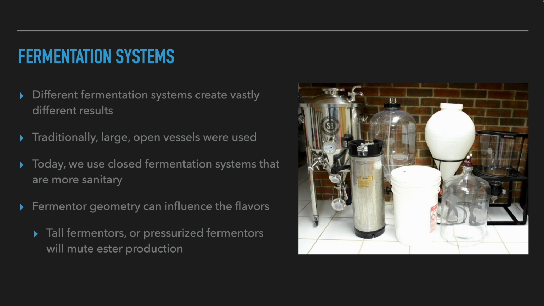Therefore, in beers where we want to have esters, such as German wheat beers and English barley wine, we will use fermenters with as little pressure as possible, meaning shallow, wide open pools. Conversely, if we want beers without esters, we will use high and narrow fermenters that will create pressure on the yeast from the weight of the fluid. Or, if we desire higher pressure, use a closed tank to retain the emitted CO2.